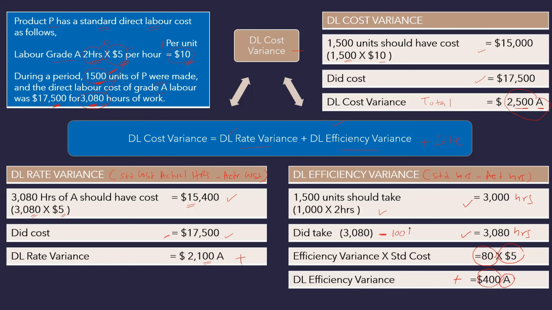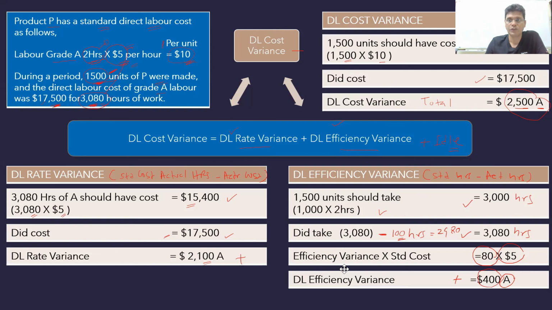You need to remove 100 hours and calculate the efficiency on 2,980. Then the 100 hours is the idle time variance, which is 100 hours times the standard cost per hour of $5. So that has to be taken separately. Anyway, I'll be discussing a question on this, so then you will have a better understanding of how to calculate the idle time variances.